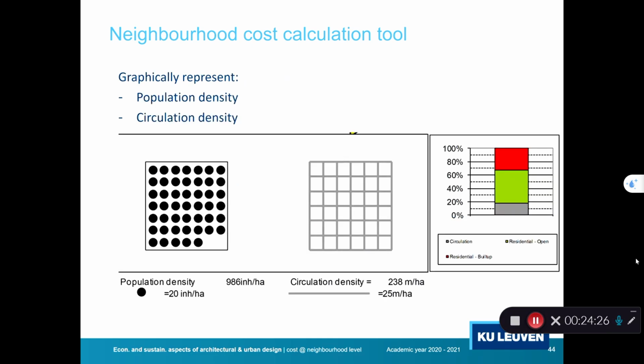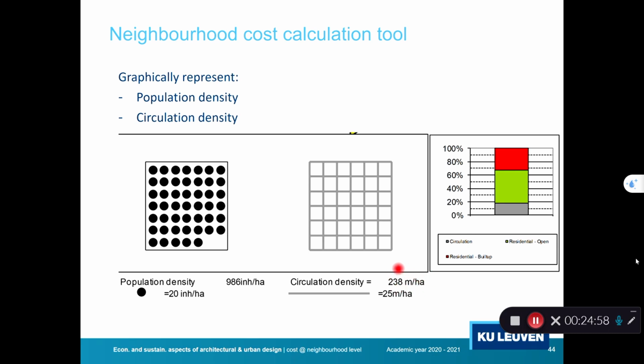We will present it in such a way. So first of all, the population density will be shown by dots. So you calculate the density, you divide it by 20, because we assume that one dot represents 20 inhabitants per hectare. And by dividing the calculated density of your neighborhood by 20, you can calculate the number of dots that you need to draw. For the circulation density, you first can calculate the density of your specific case.